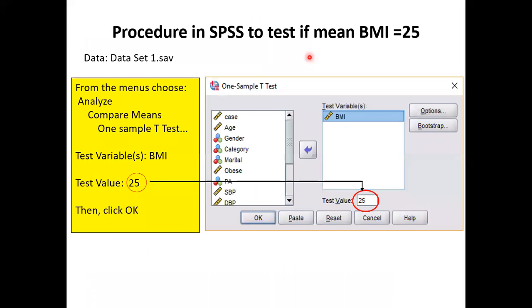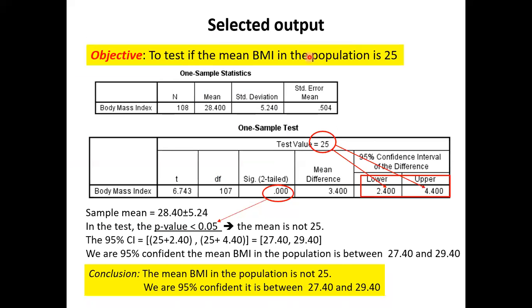For BMI, more than 25 is considered overweight. So these cut points must come from some valid source. The WHO declares BMI more than 25 is overweight, that's why I'm testing 25.